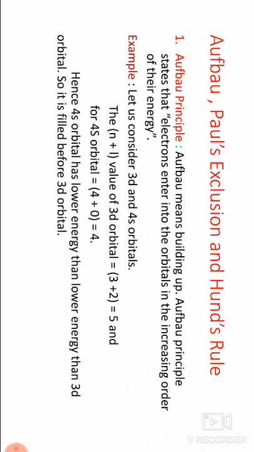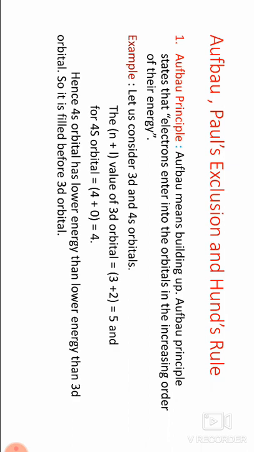Aufbau principle states that electrons enter into the orbitals in the increasing order of their energies. This means that electrons occupy the lowest energy orbital first. Example, let us consider 3d and 4s orbitals.